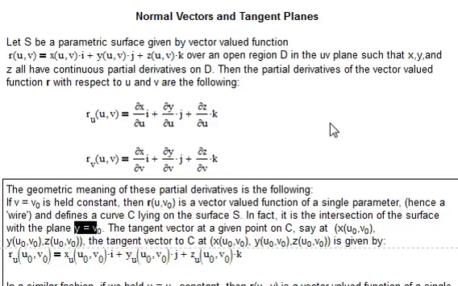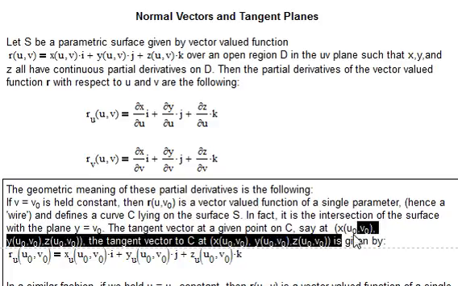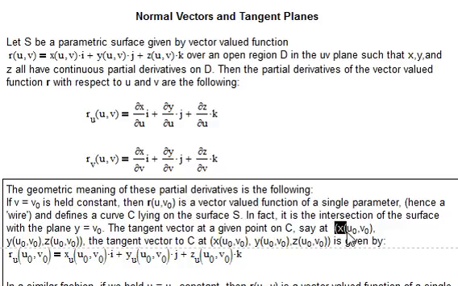Think about that. We've got a surface and it intersects the plane v equals v0 somewhere, and it makes a wire, if you will. Take any given point on that curve, say x of u0,v0, y of u0,v0, and z of u0,v0.